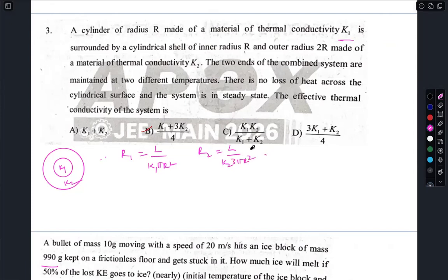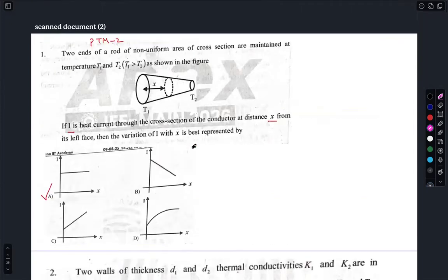Parallel, flip karo. 1 by R effective is pi R square by L common, K1 plus 3 K2. भैया एक ही ऑप्शन है with that. So with this, I have completed the paper even with the disturbances.